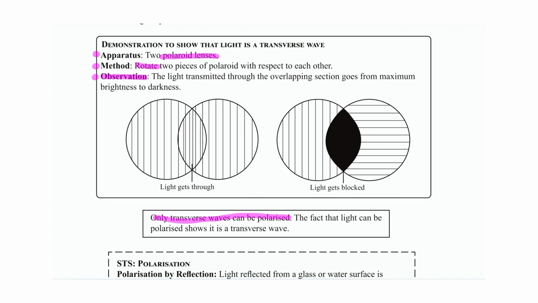My observation is the light transmitted through the overlapping section goes from maximum brightness, that's here, to darkness, that's when the gaps are perpendicular to each other, that's here. So that's your demo experiment. And also know this in the box very well as well. Only transverse waves can be polarized. The fact that light can be polarized shows it is a transverse wave.